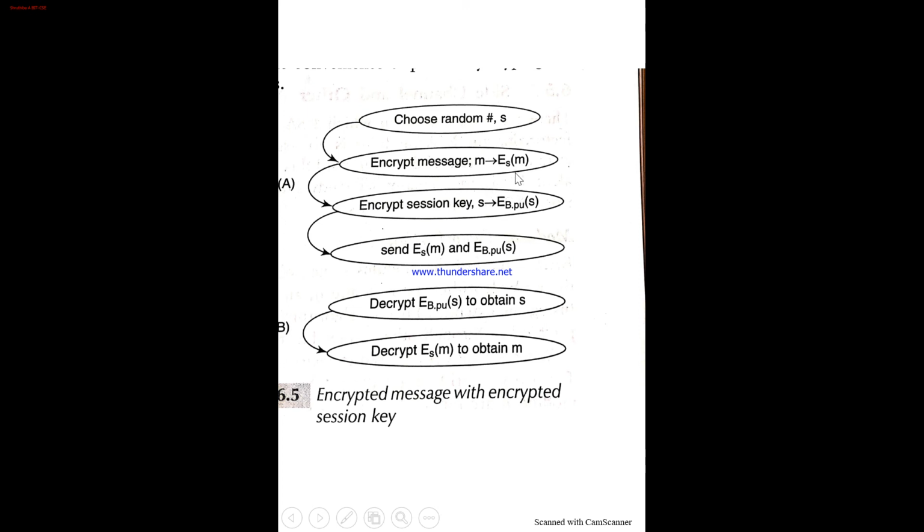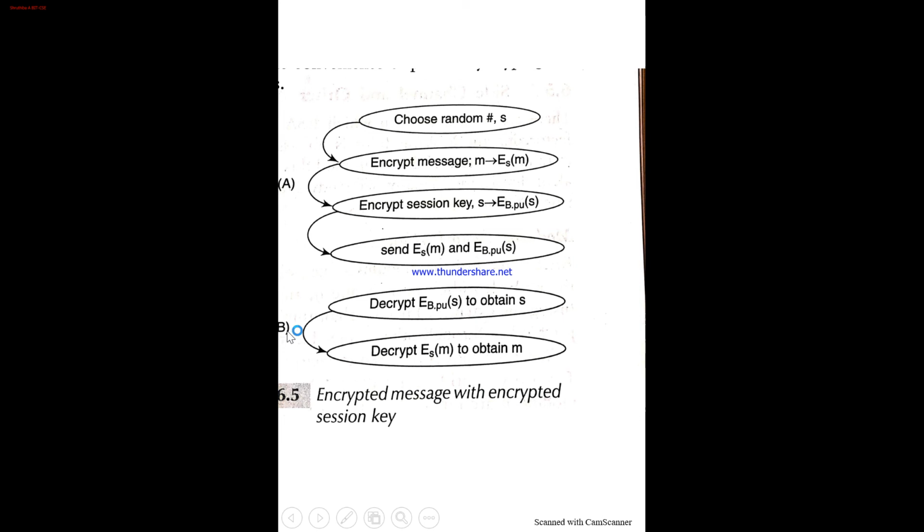Once after that I'll encrypt the session key that I've used, using the public key of the receiver. Fine. Next I'll send the message that is encrypted, and also the session key that is encrypted using the public key.